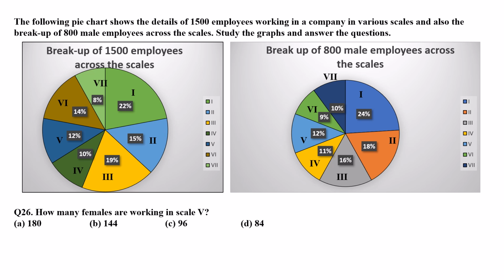So let's find total employees first. Total employees in fifth is 12% of 1500. So it is 12 by 100 into 1500, which gives you 180. Next, find male employees in scale 5.